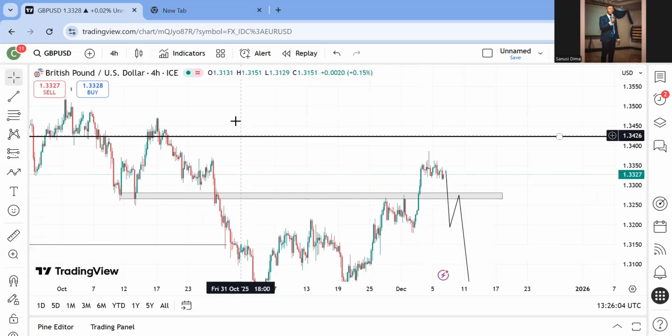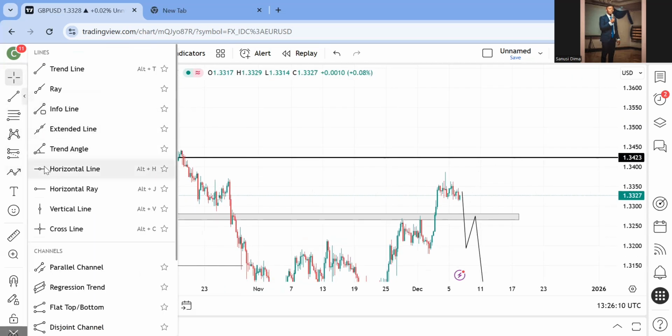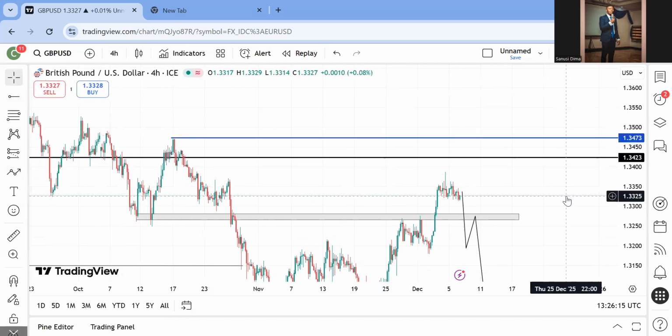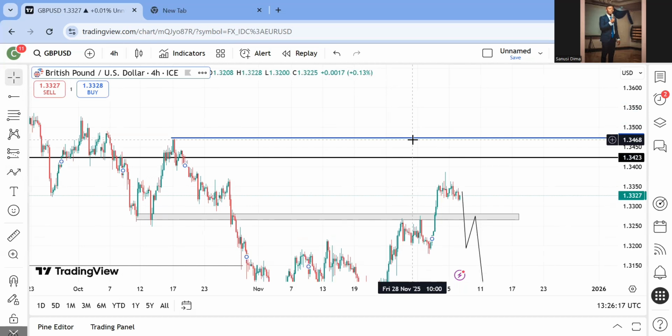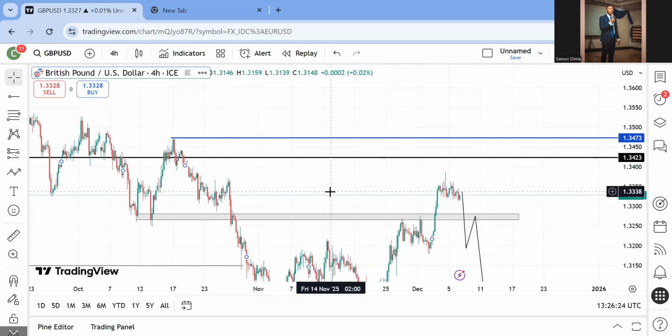However, if price breaks above this structure, the blue line structure, then I will be looking for buy opportunities.